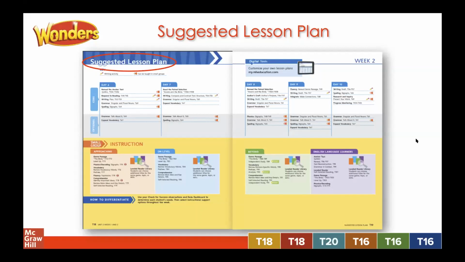The other aspect that I really appreciate here on this suggested lesson plan is that when we are planning for our small group instruction, instead of expecting that you are meeting with every single group every single day, we have a grouping of available resources to help target students that are needing a little extra support through the approaching group.